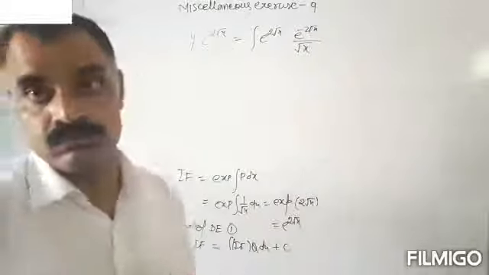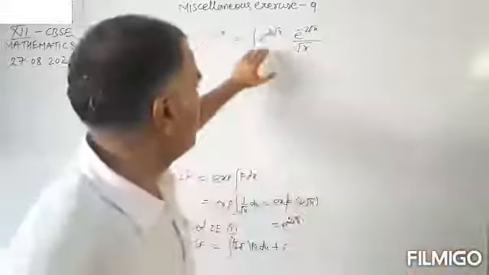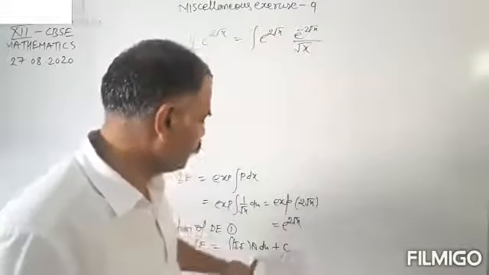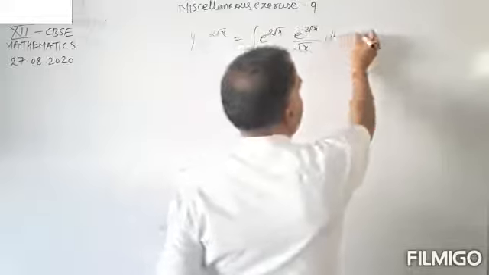This one is q. So integrating factor multiplied by q dx plus c.